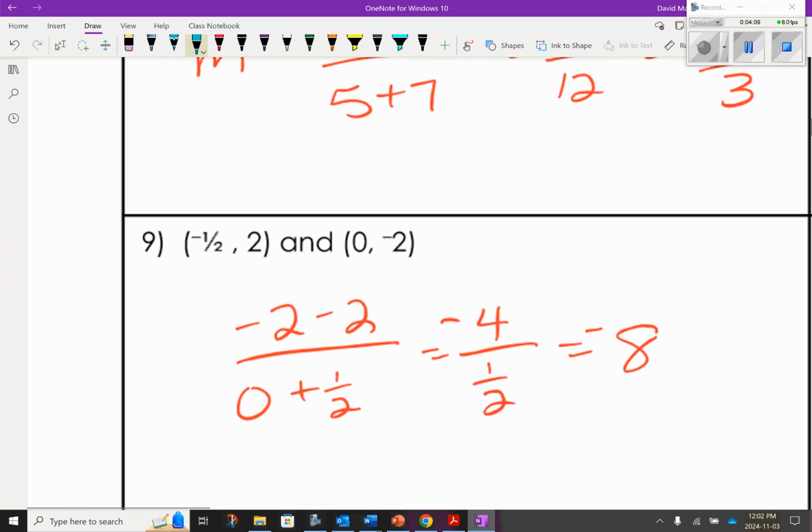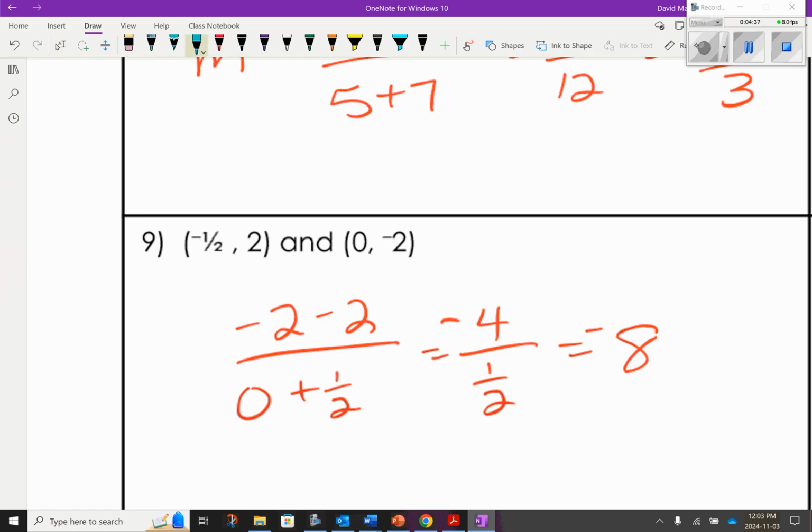Number 9. Negative 2 minus 2, careful, those do not cancel. That should give us negative 4. And then 0 minus negative 1/2, same thing as 0 plus 1/2, that's 1/2. Taking negative 4, dividing by 1/2.